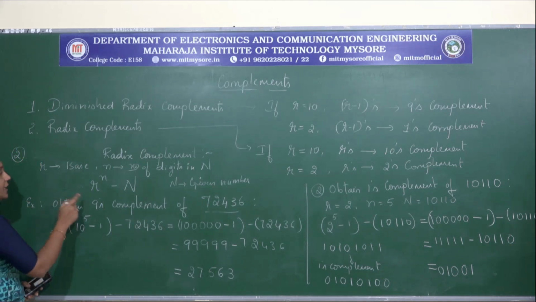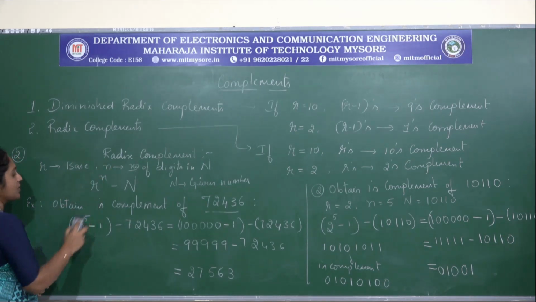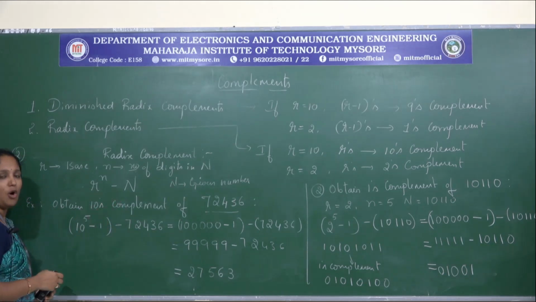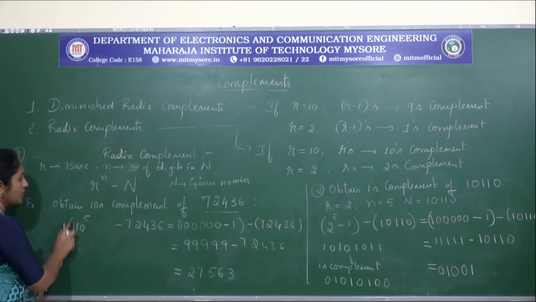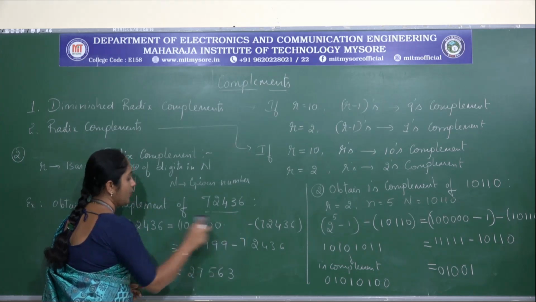See here, radix complement. Let me change the question itself: obtain the 10's complement of 72436. What I said was, this minus 1 will not be there; you need not subtract 1 from this.